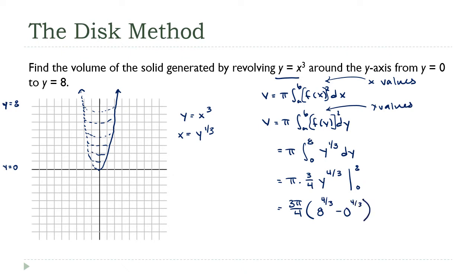What's 8 to the 4/3? The cube root of 8 is 2, and 2 to the 4th is 16. So this is 3 pi over 4 times 16, which is 12 pi. Yep, there's my answer, the volume of this solid of revolution calculated using the disk method.